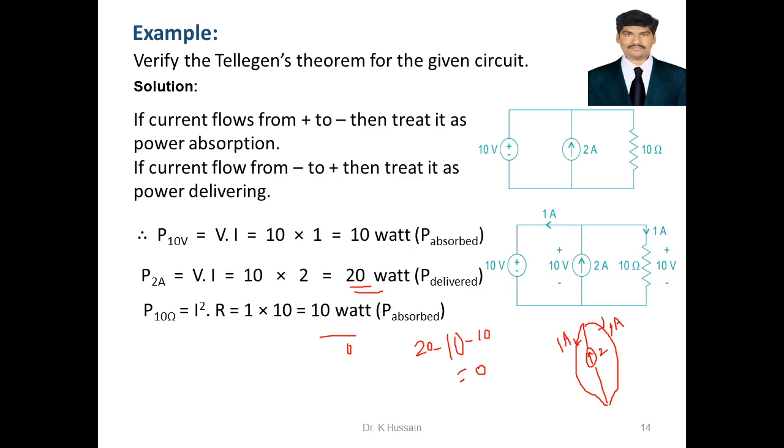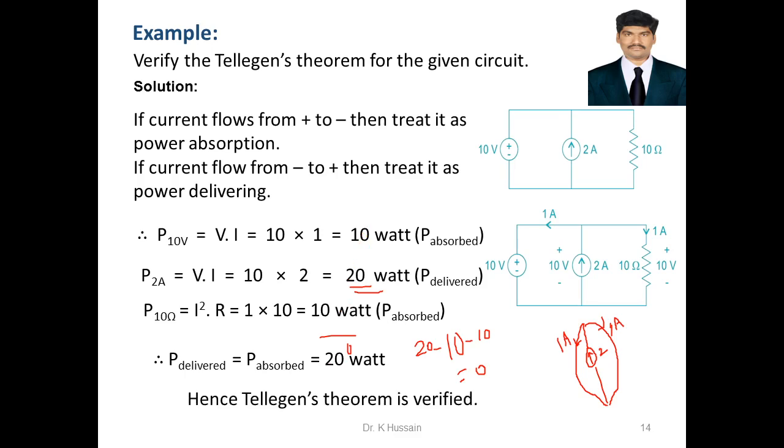That is only the statement. So it's proved, right? Power delivered is equal to power absorbed, because delivered is 20 here, but absorbed is 10 plus 10. Two elements are there here, so these two 10s. That is, Tellegen's theorem is verified.